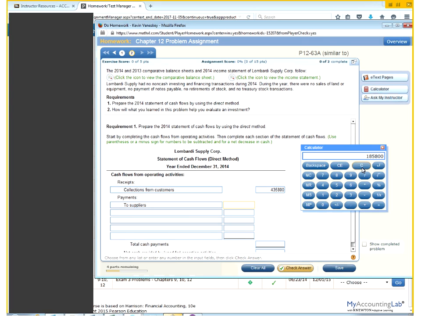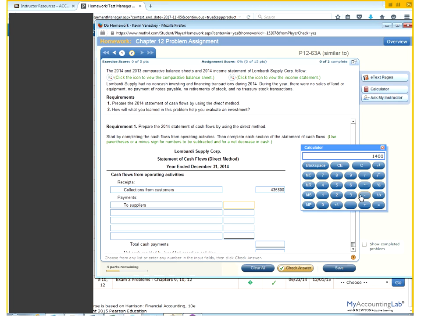My inventory went up for the year. So if my inventory went up, that means I paid more money. So not only was the $185,800 money that I spent, a little extra, $1,400. So add that in. And then the last thing I need to look at is the accounts payable.